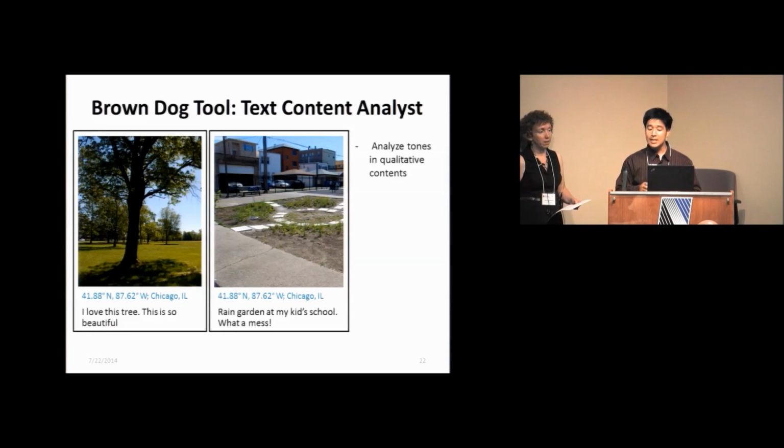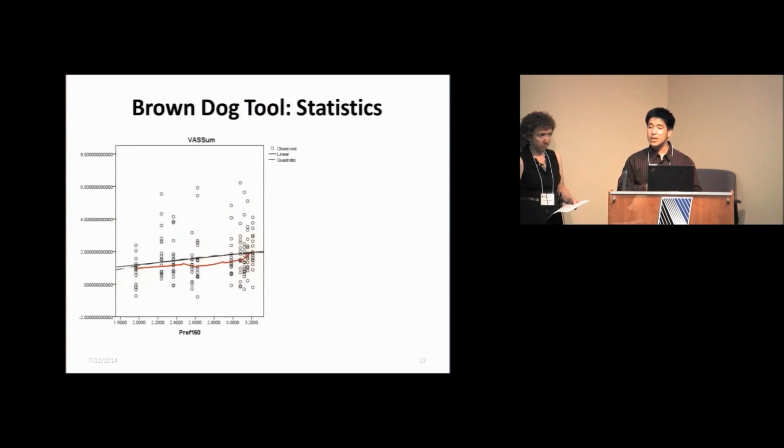So not only can this be analyzed in terms of sentiment analysis, but it can also take the coordinates and create a map to see the density of where people take photographs and whether they like it or not.